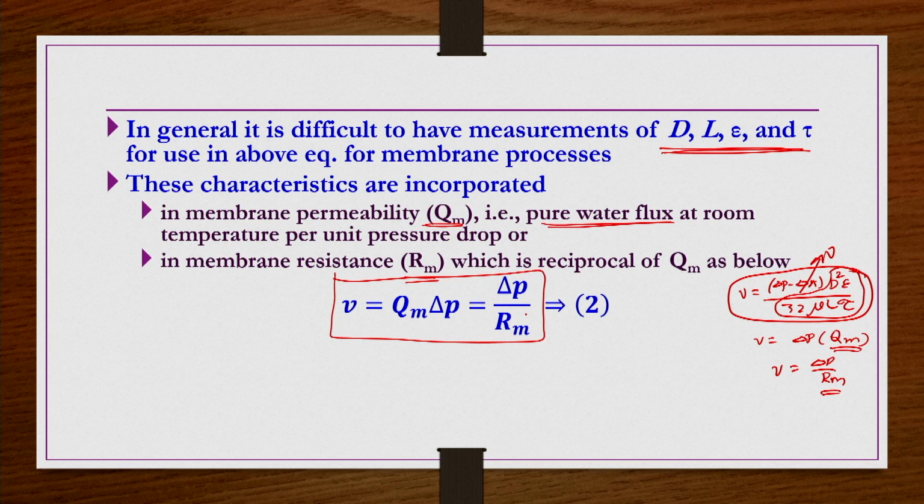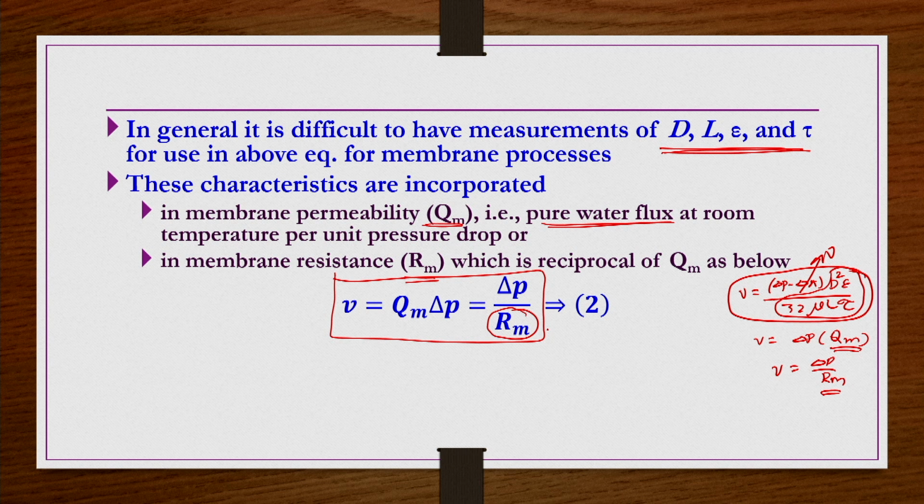That gel layer is also offering some additional resistance in addition to the resistance due to the membrane. Whatever the Rm is here is the resistance due to the membrane only. There is no resistance due to the gel in this equation, because we have written it for the pure water case.